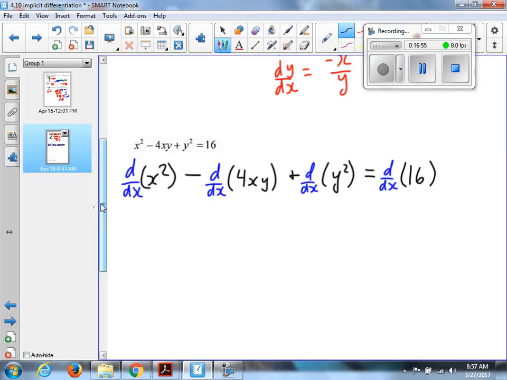So the first thing I'm hoping you figure out, x squared's derivative is 2x. Minus. I'm going to insist, especially because of the minus, I know a host of reasons, but if you're using the product rule like this, use a square bracket, minus or subtraction or plus. Just get into this habit.